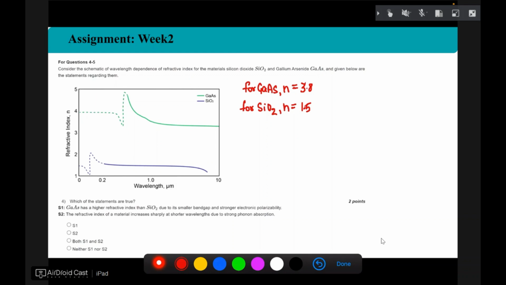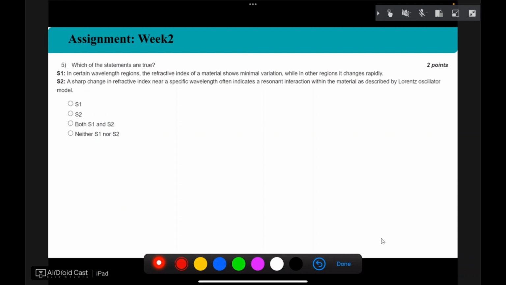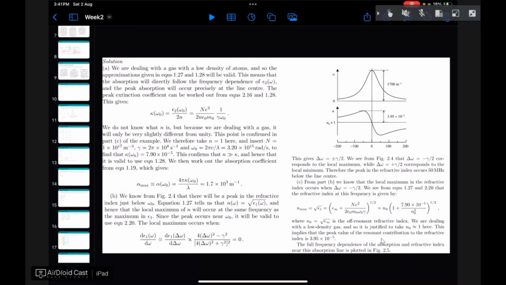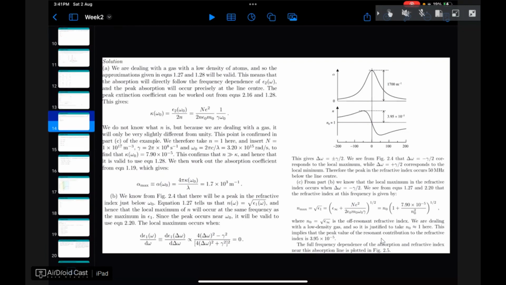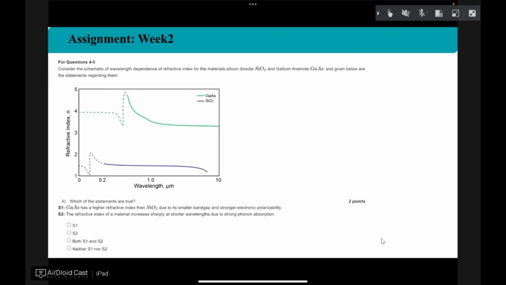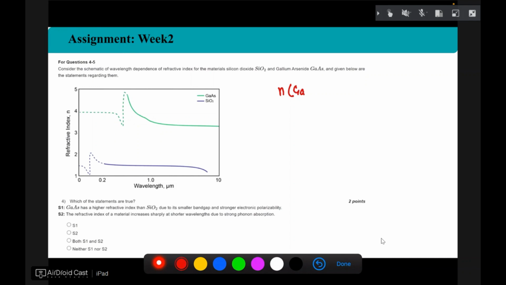So clearly we can say that n of gallium arsenide is greater than n of SiO2. So S1 is true.